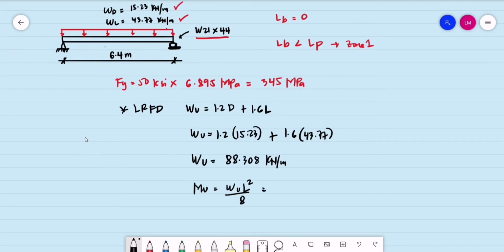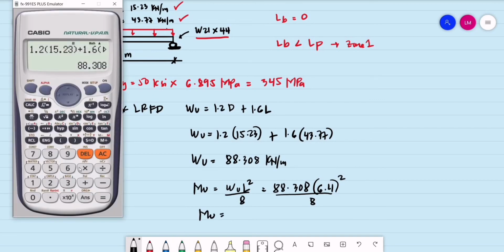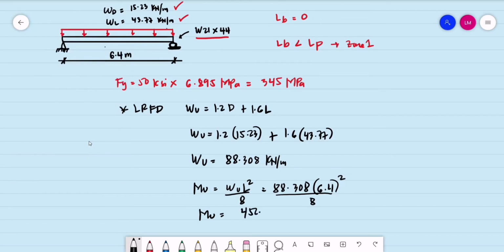So this is equal to 88.308 multiplied by the length of the beam, 6.4 squared, then divided by 8. Let's say this is 452.14 kilonewton meter.